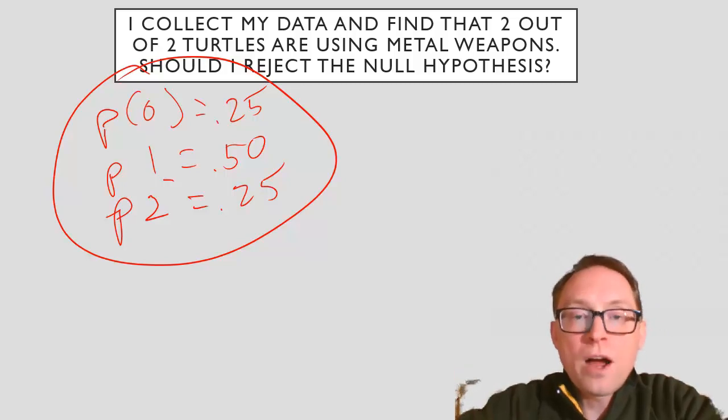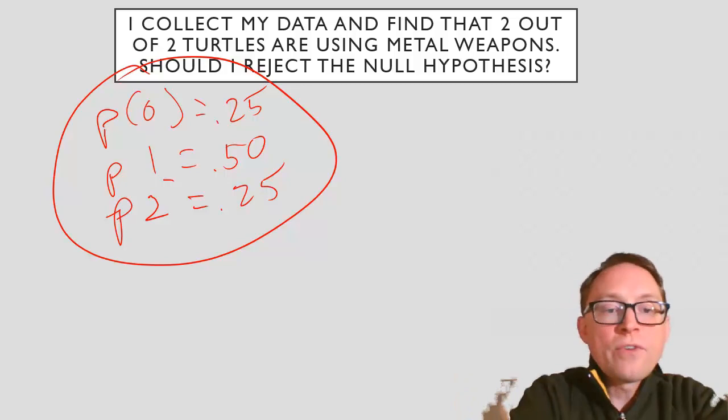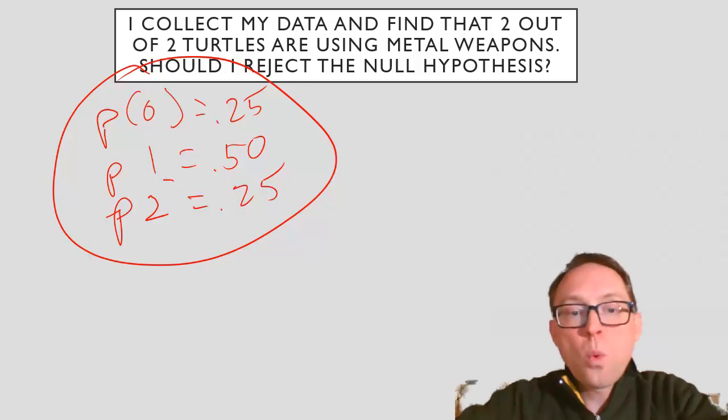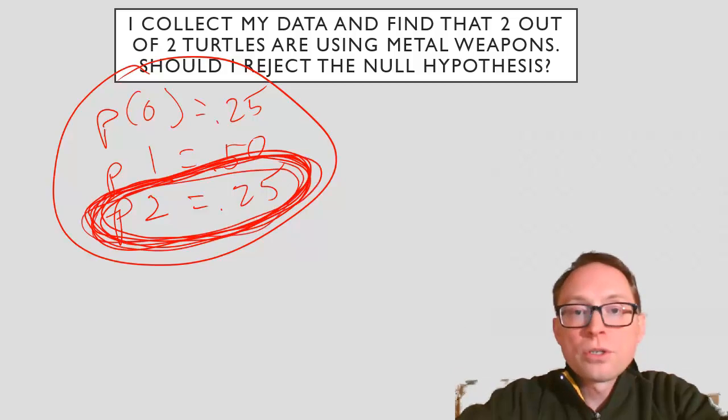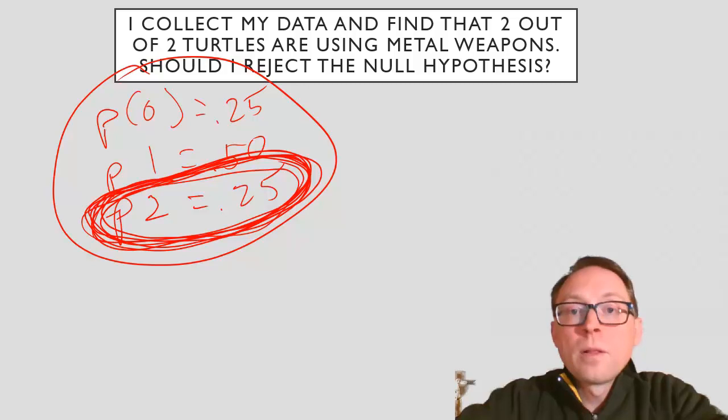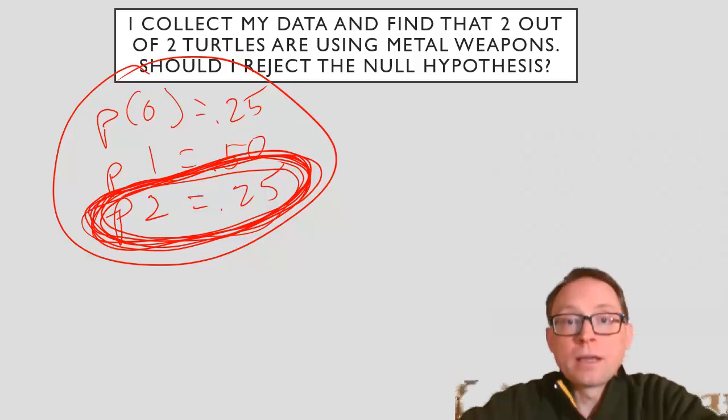I have a 25% chance of the turtles choosing 2 metal weapons when Shredder being on fire has absolutely nothing to do with it.